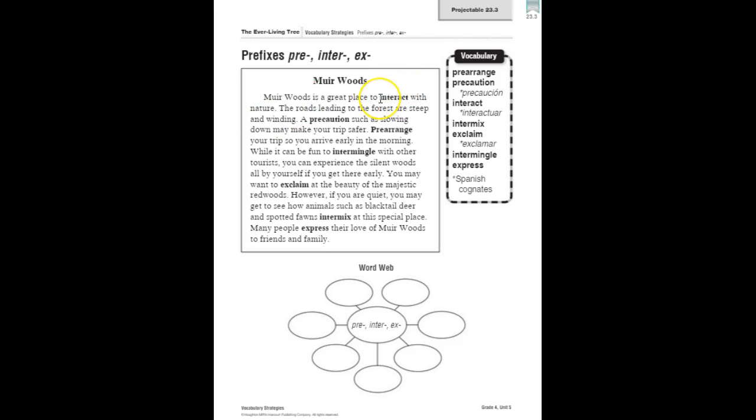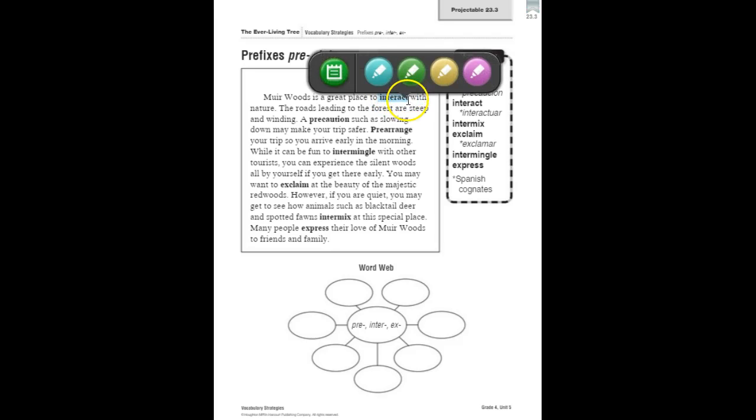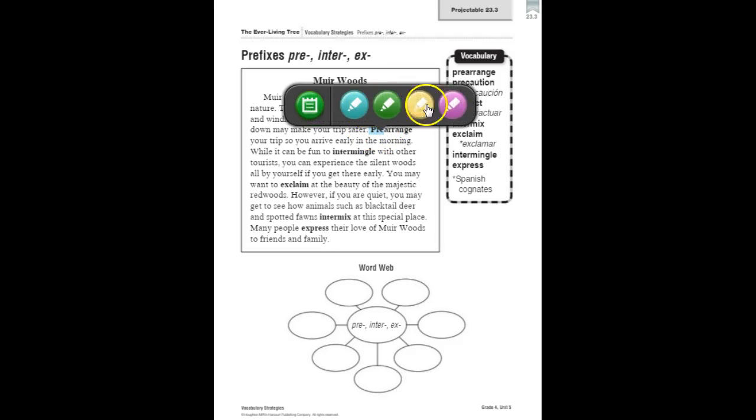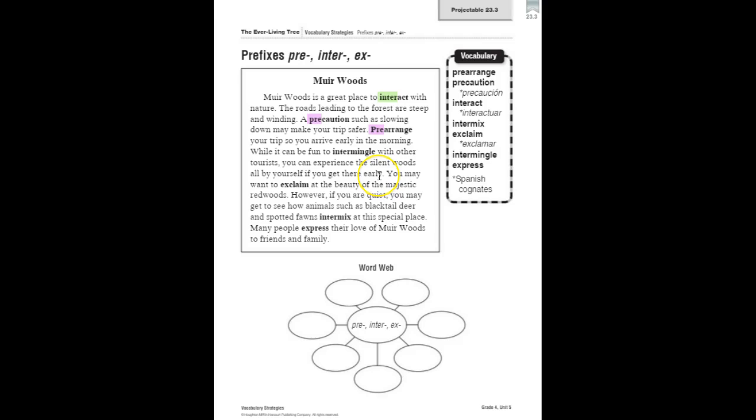Our first word is interact. In interact, we have the prefix inter, one of the prefixes we're working with. The next word that's in bold is precaution. Our prefix is pre. The next word that we have is prearrange. You can identify our prefix.